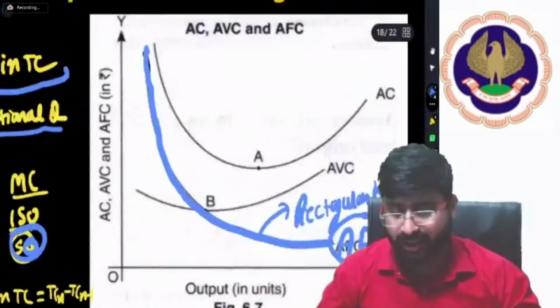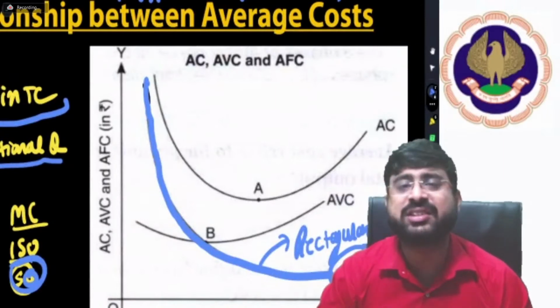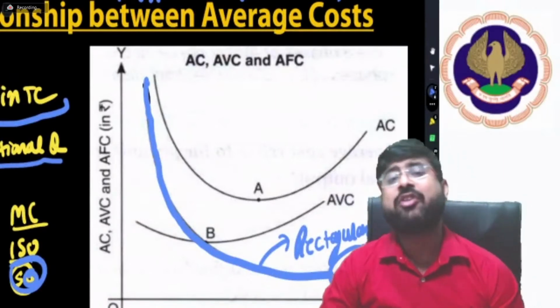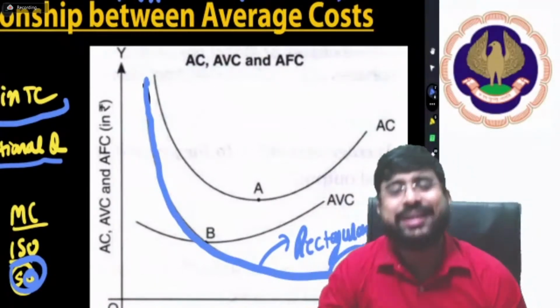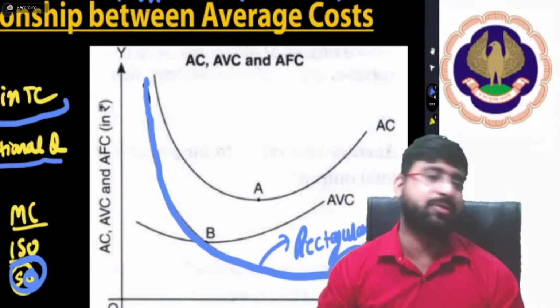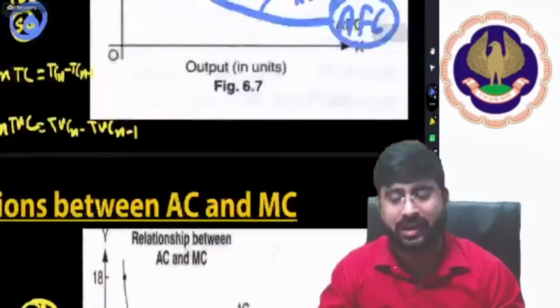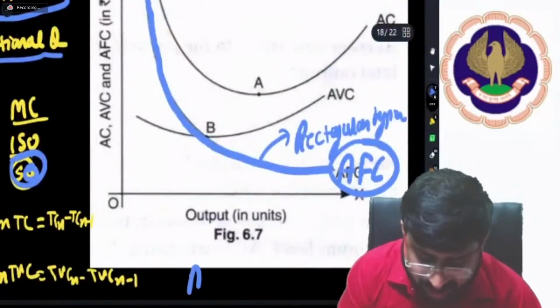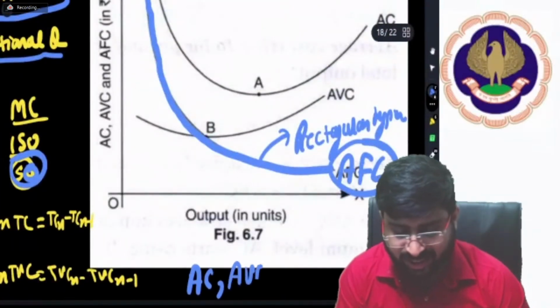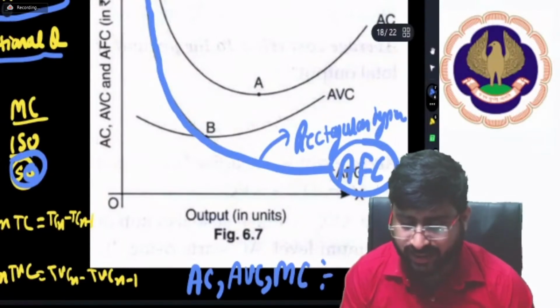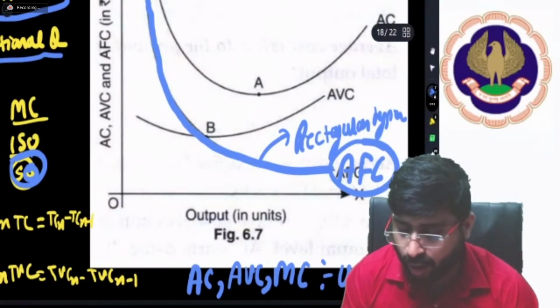Remember one more thing, guys. AC and AVC are U-shaped. Very, very important. AC, AVC and MC, remember these three trio, are all U-shaped curves. Why?